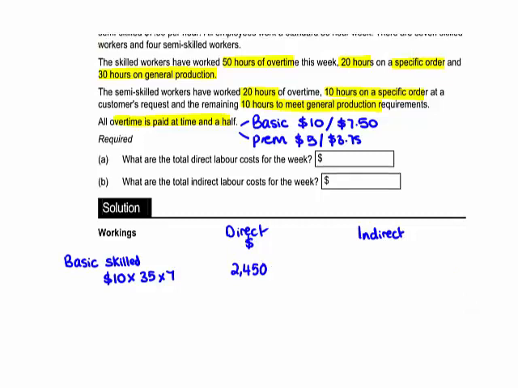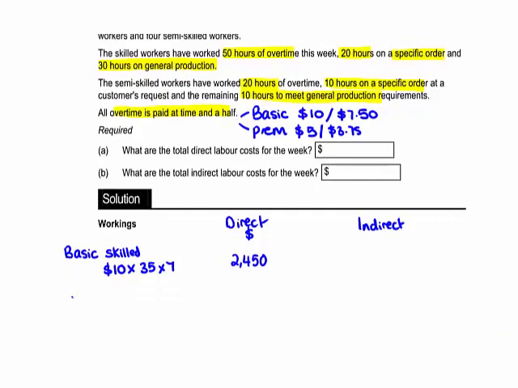Now the basic pay for the semi-skilled is $7.50 per hour, 35 hours in a week, but we've just got 4 of them. So that'll be $1,050.